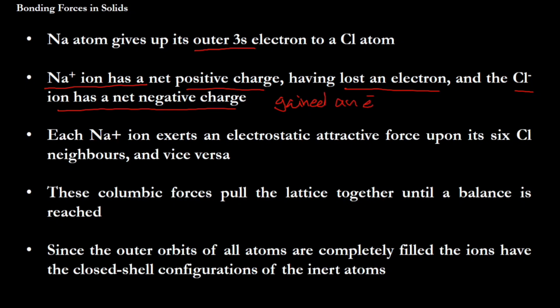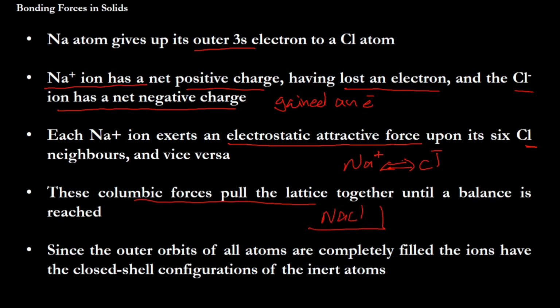The Na plus ion exerts an electrostatic attractive force upon Cl minus. That force pulls the lattice together and it becomes a molecule, NaCl.